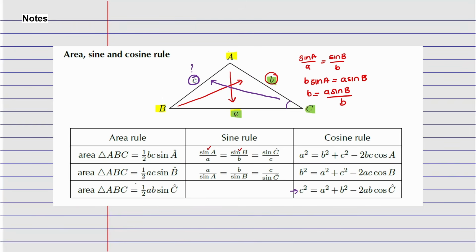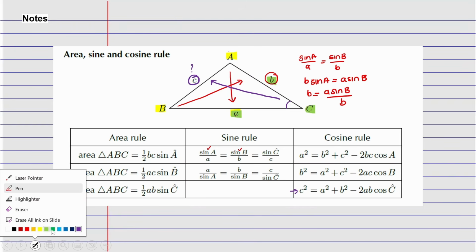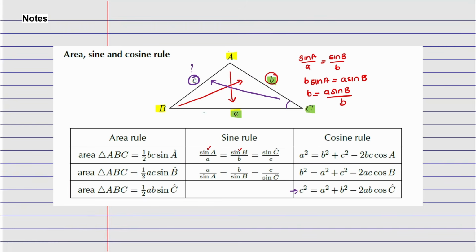With area, you're going to also need the same thing that you need for cos. If they want the area of any triangle, to find the area, you need 2 sides and the included angle.